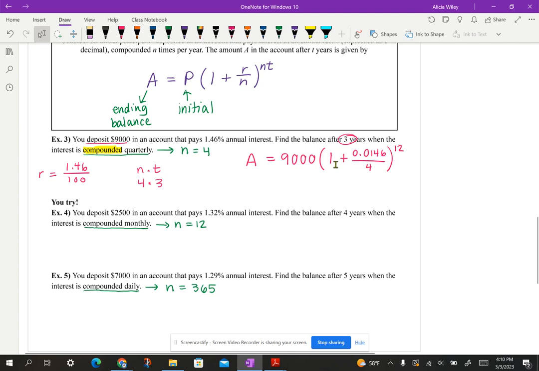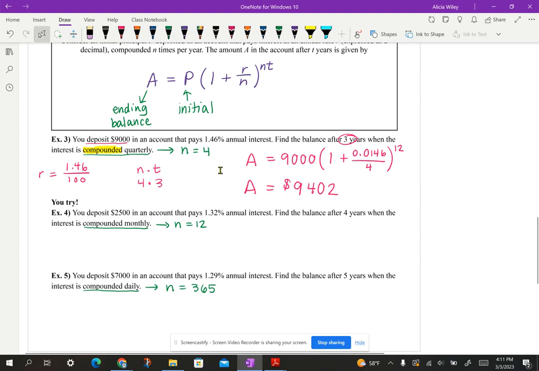Take that number and add 1 to it. Okay. Now you're going to take that number. Again, don't clear out your calculator. Take that number, you already have it in there, and then you're going to raise it to the power of 12. Okay? So then now you have another number. You're going to take that number and times it to the number in front. And if you do it correctly, you should get somewhere around 9,402.